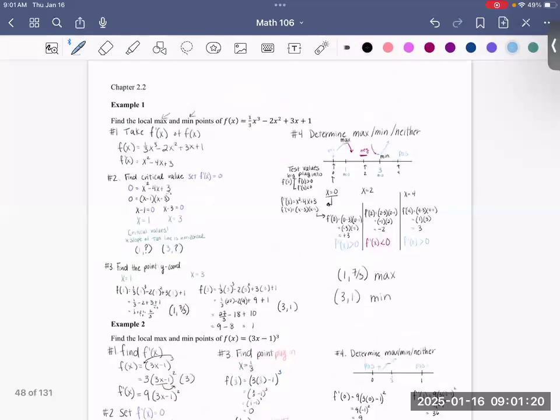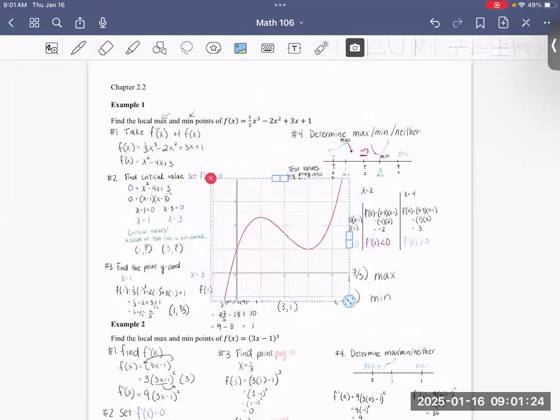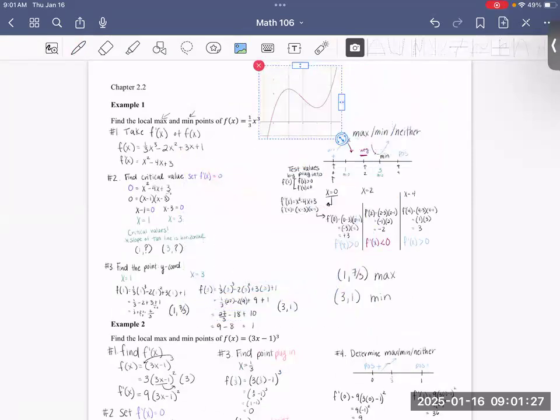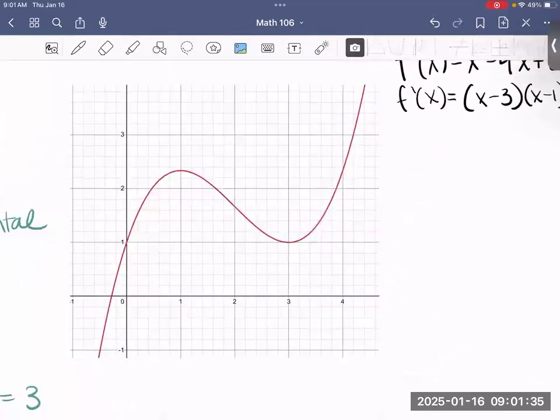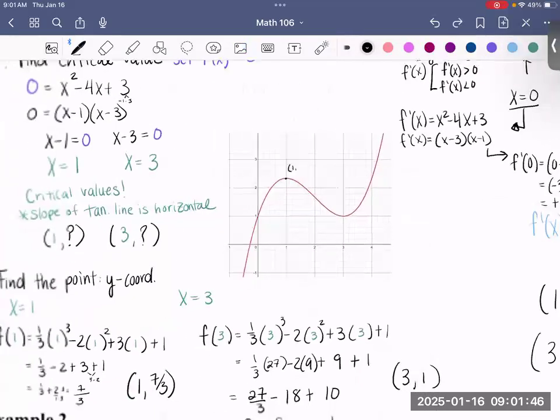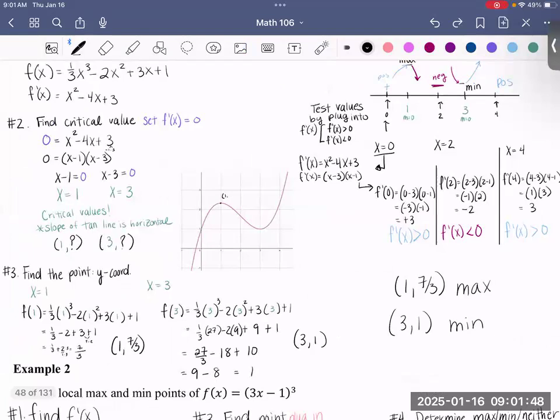Whereas if I were to do the same for the one that we did previously, you can see that we now have lots of ups and downs. Right here, we had the point (1, 7/3).